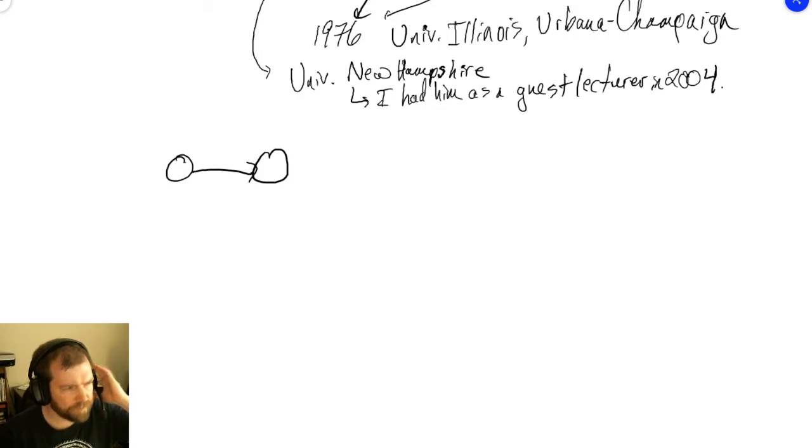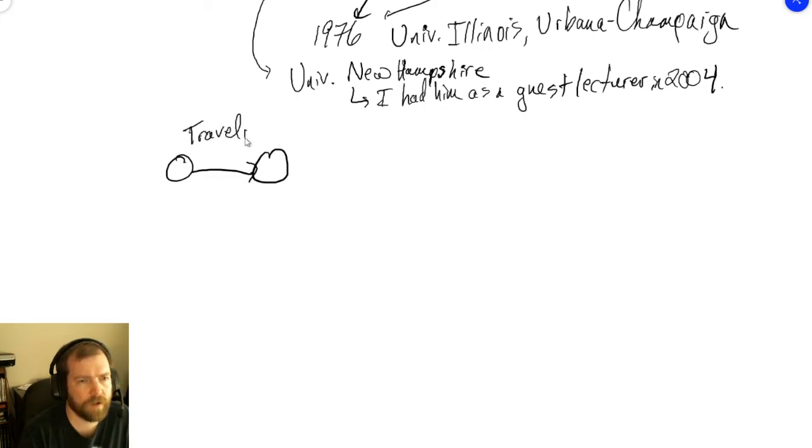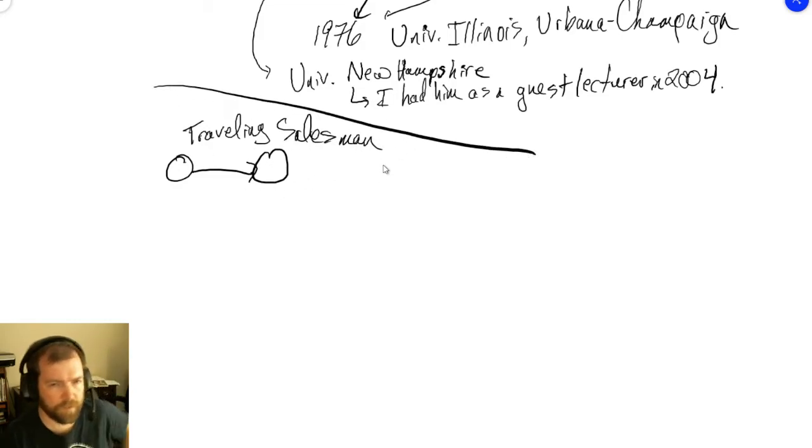You get directed graphs, which specifically talk about things going from one place to another. And that sort of thing can exist for things like the traveling salesman problem, for example. It uses directed graphs.